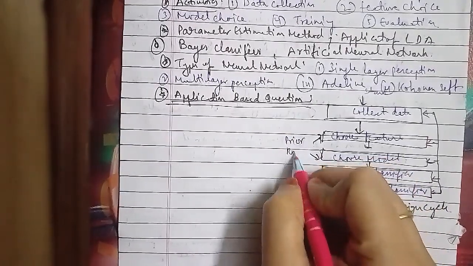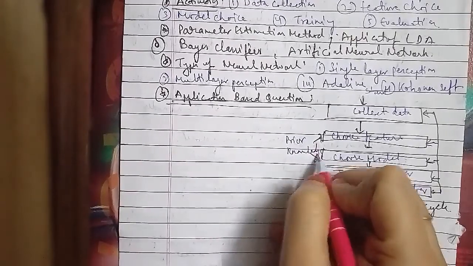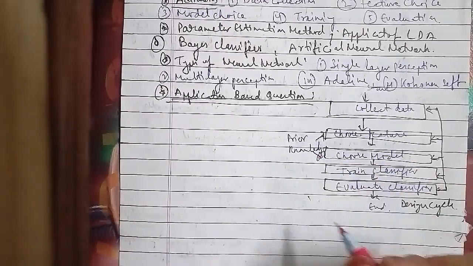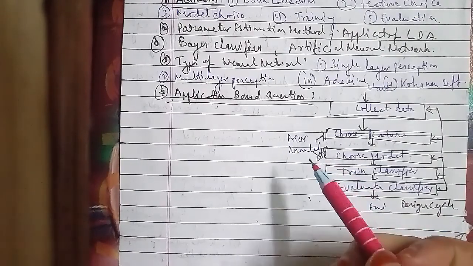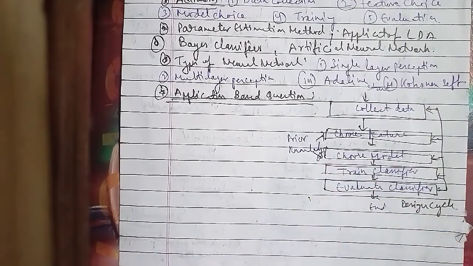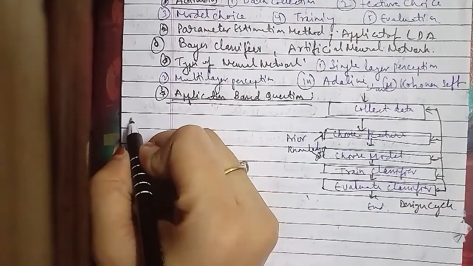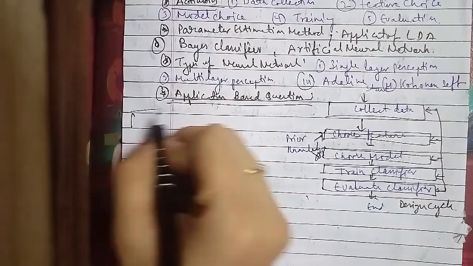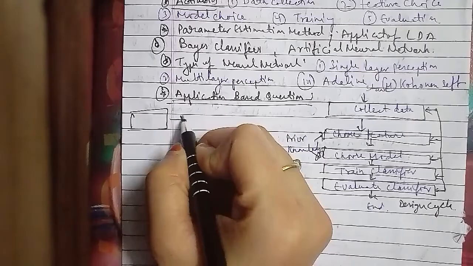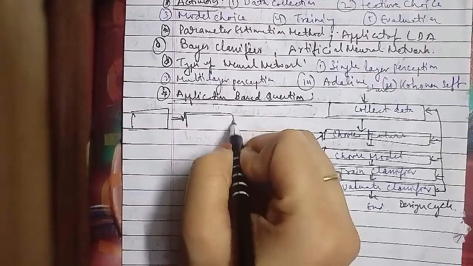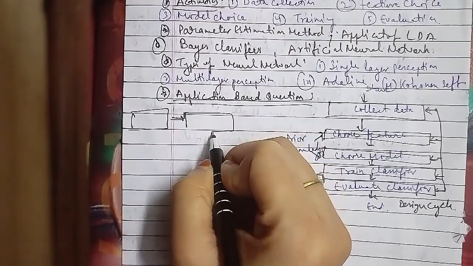Now we'll talk about another diagram, that is to represent the model of the pattern classifier with the help of a diagram. So let's go ahead. This is the sensor, then the feature selector and extractor, then it goes to the classifier, and then the decision.